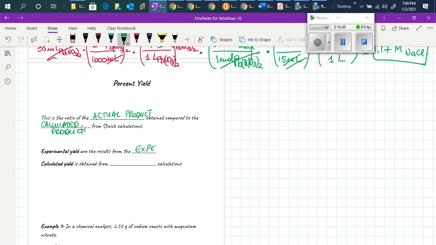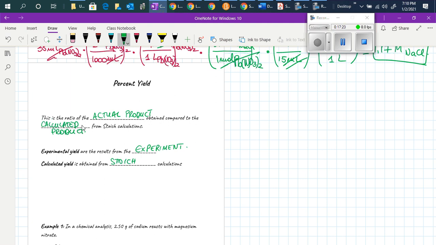When we are doing an experiment and we are measuring the precipitate or the volume of the gas, this is the value that is counted for the experimental yield. And the calculated yield is what is obtained from the Stoich calculations, okay?